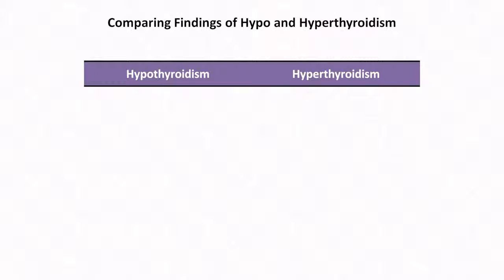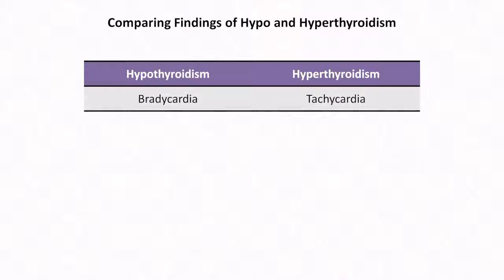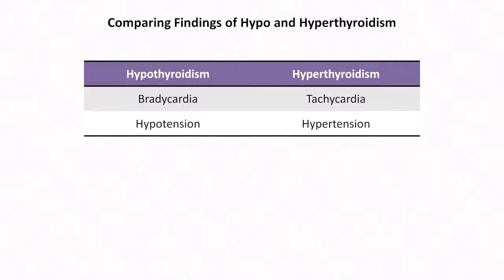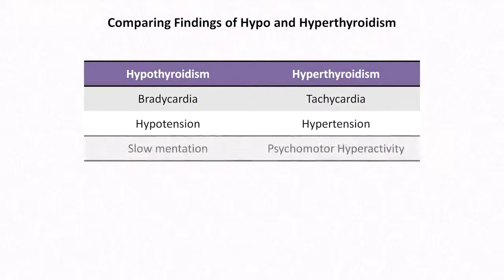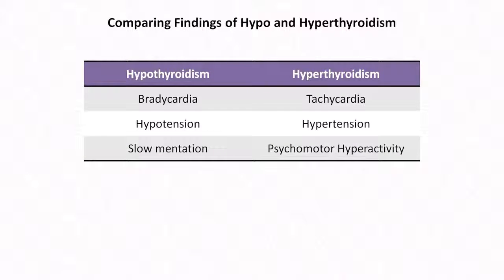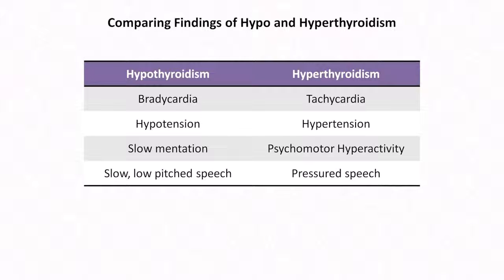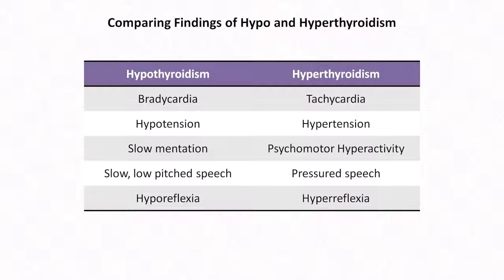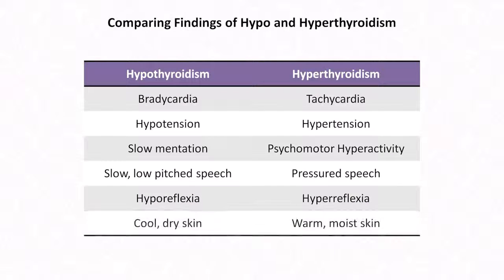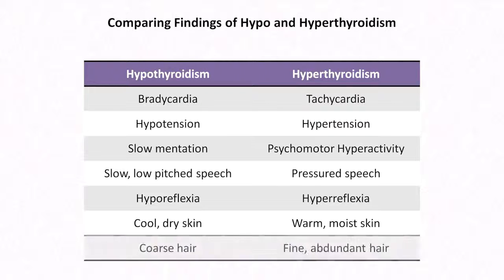When comparing hypothyroidism to hyperthyroidism, we see there is bradycardia versus tachycardia, hypotension versus hypertension, slow mentation versus psychomotor hyperactivity, slow low-pitched speech versus pressured speech, hyporeflexia versus hyperreflexia, cool dry skin versus warm moist skin, and last, coarse hair versus fine abundant hair.